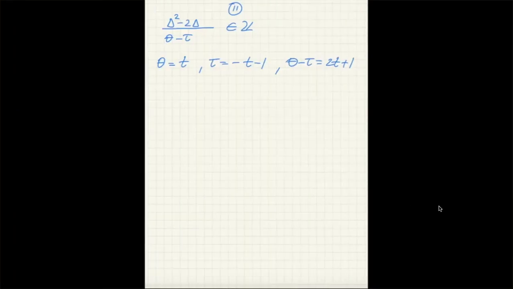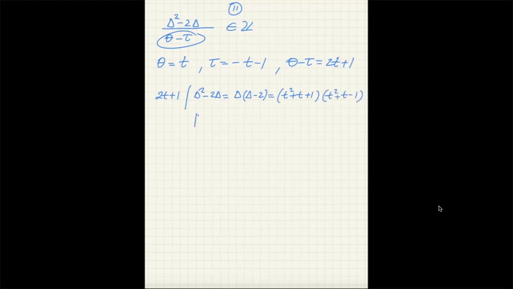Okay. So what we have is that 2t plus 1, which is this part of the denominator, must divide delta square minus 2 delta, which is the same as delta times delta minus 2, and that's the same as t squared plus t plus 1 times t squared plus t minus 1.